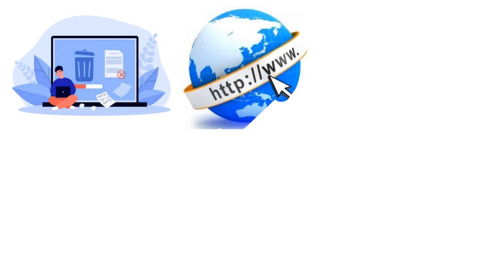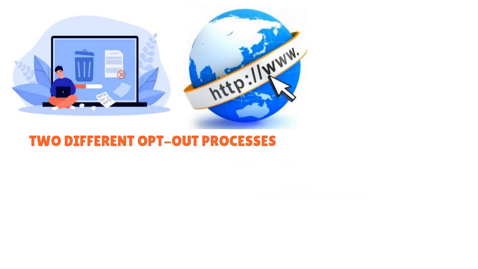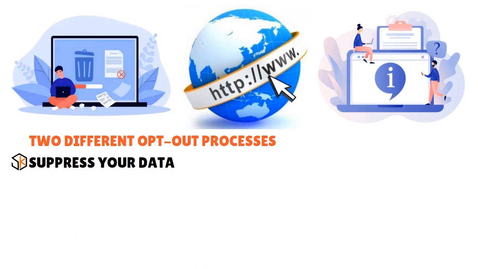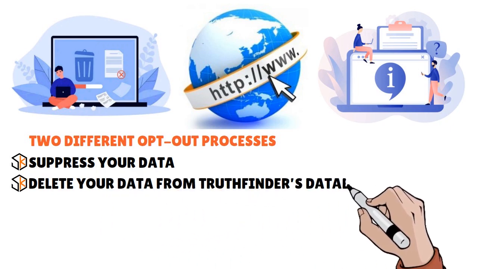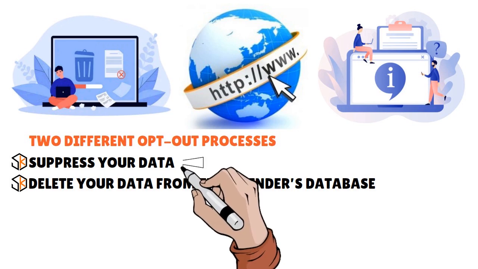When you go to the TruthFinder website, you have two different opt-out processes for people whose personal information it collects. First of all, TruthFinder offers you the option to suppress your data or to delete your data from TruthFinder's database. Either way, you have to follow a certain methodology.